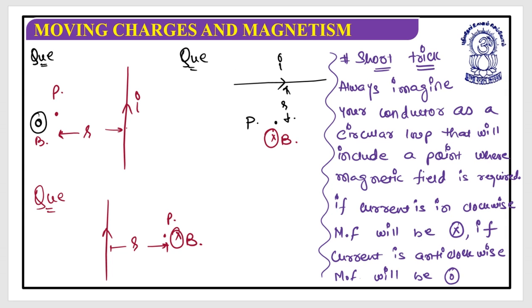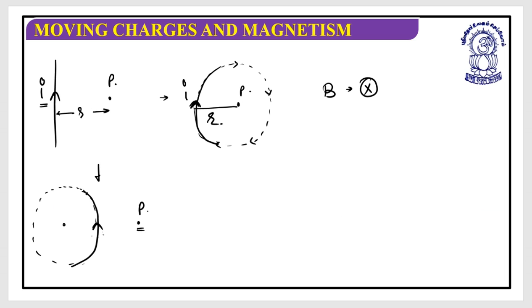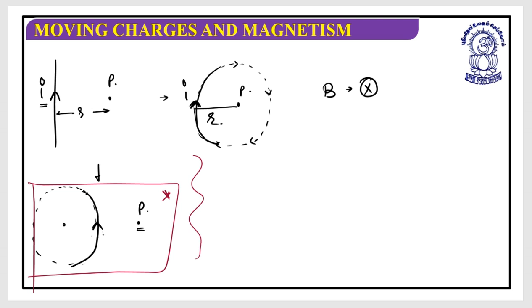Look at this statement again: always imagine your conductor as a circular loop that will include a point where magnetic field is required. So in this mistake you are not including a point where magnetic field is required. This is absolutely incorrect and you should not make this mistake. I hope this is clear. Is it clear? Great. So shall I practice it?